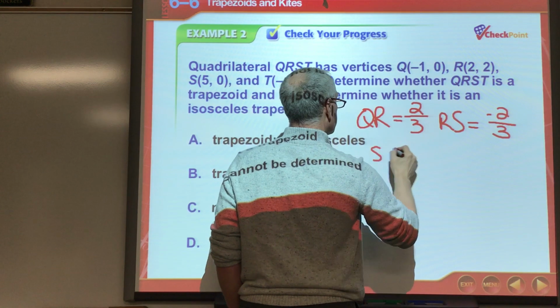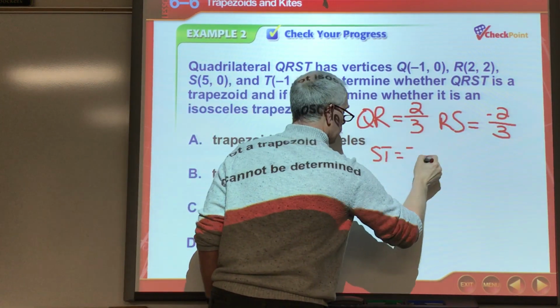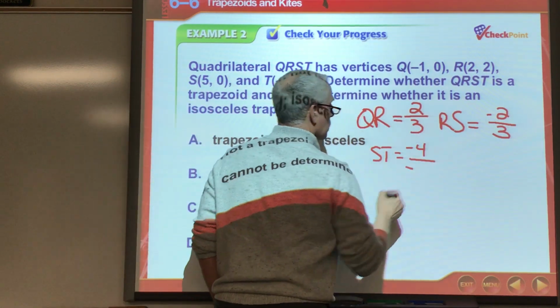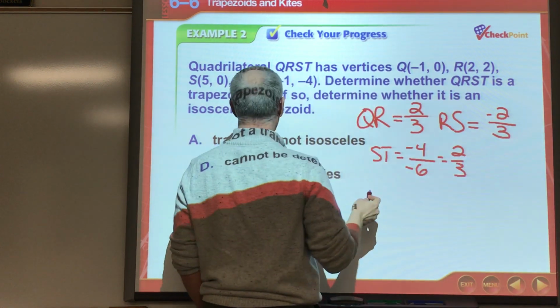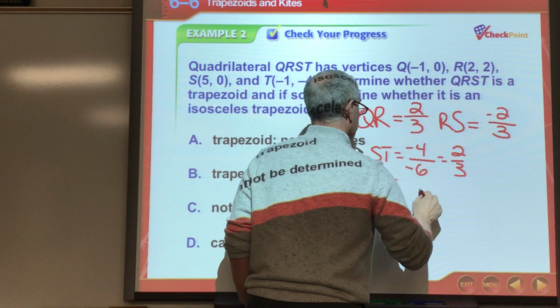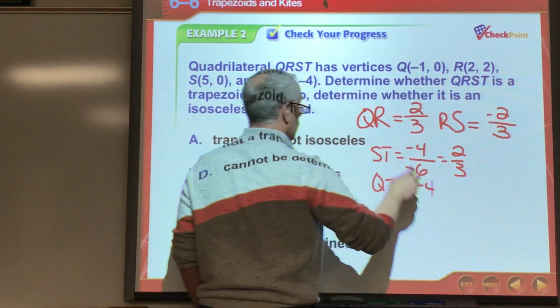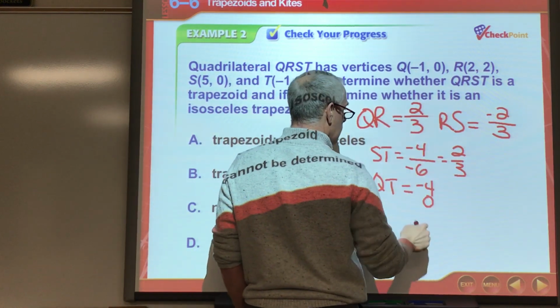ST, negative 4 minus 0, negative 1 minus 5, I get 2/3, okay? And then, of course, QT, negative 4 minus 0, and negative 1 minus negative 1, okay?